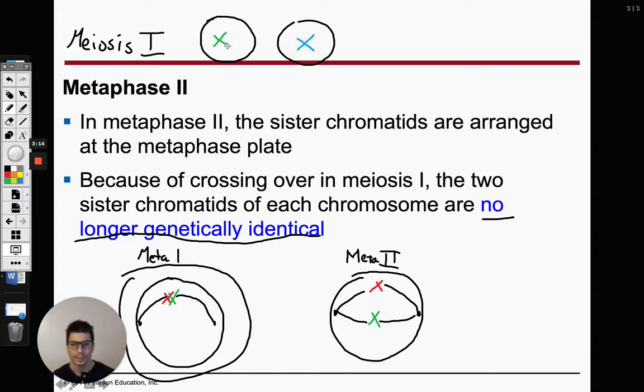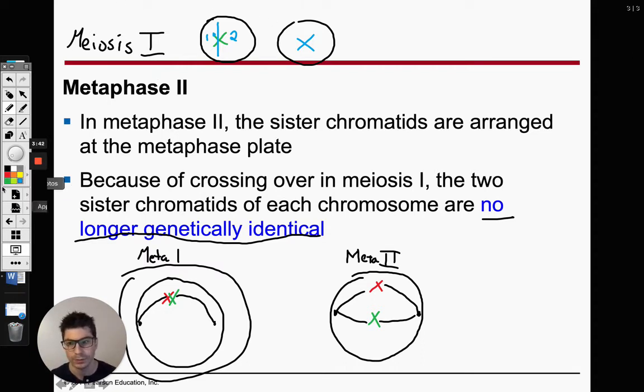Because of crossing over, guys, this green one on this side, which I'm making slightly blue now, is not going to be the same as this one on the right side, okay? So let me draw a line down the middle. This one over here is not the same as number 2, even though they're both green. Why? Because crossing over happened and some genes got exchanged between them, so they are not identical chromosomes.